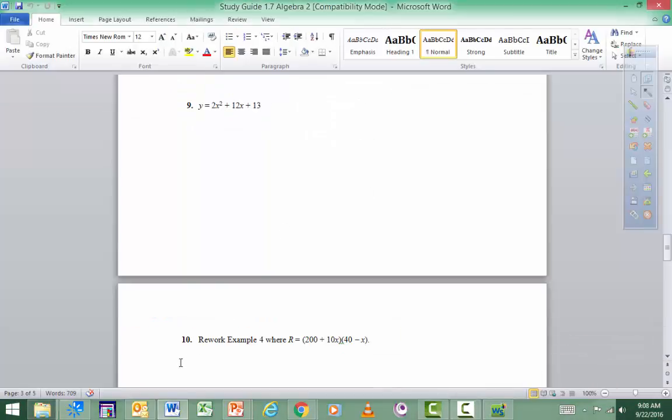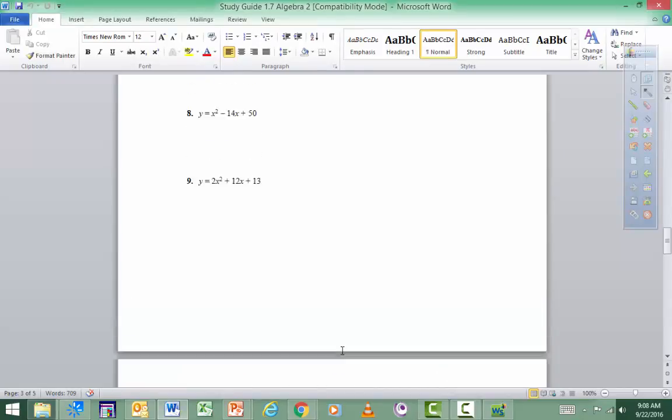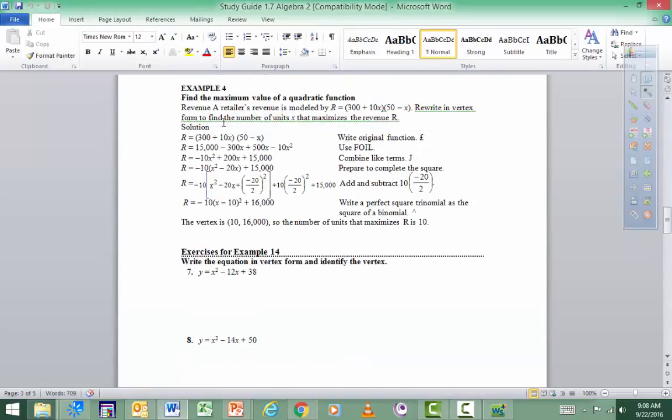Okay, so let me talk briefly about number 10. You have an example that's kind of worked out, and it's a little bit messy. What they did is they multiplied it all out. Oh, sorry. Yeah, let me erase the board real quick. It's kind of messy, so you got to multiply it all out first.